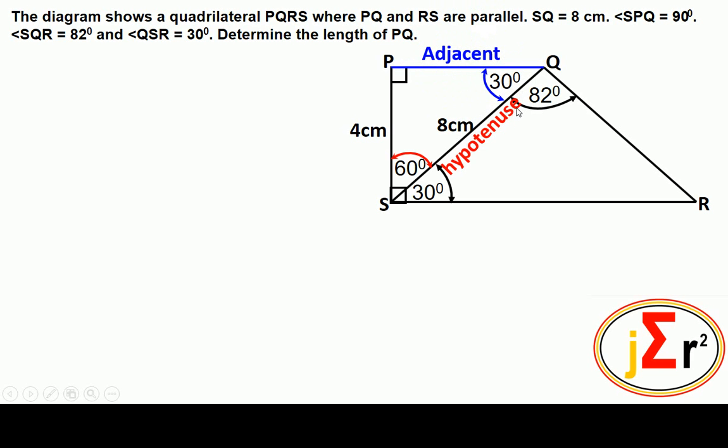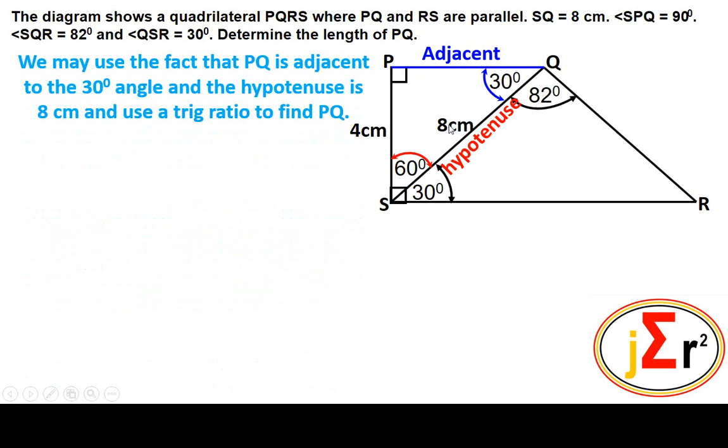Also, the hypotenuse, which is the longest side of the right angled triangle and therefore opposite the right angle, is 8 centimeters. The required side is adjacent to 30 degrees and the hypotenuse is 8 centimeters.